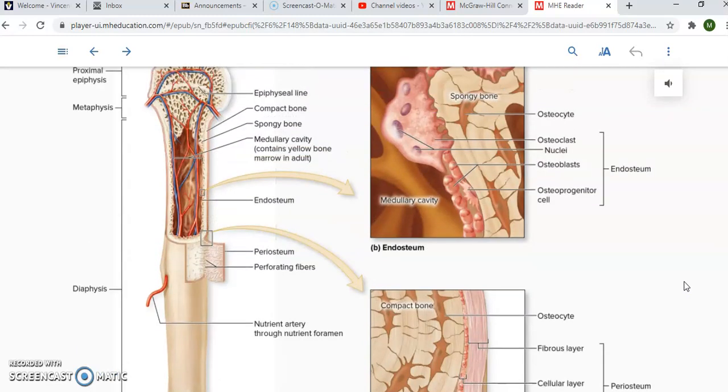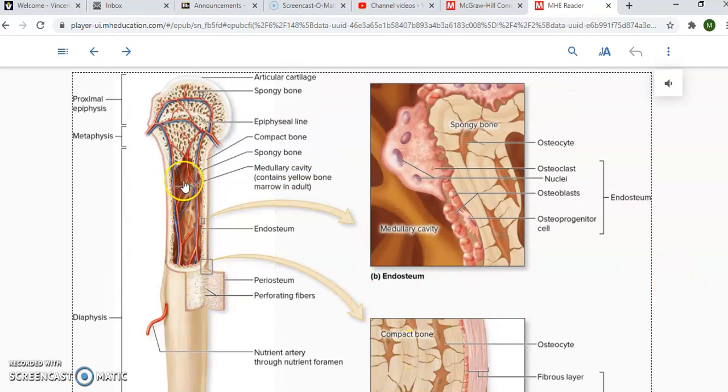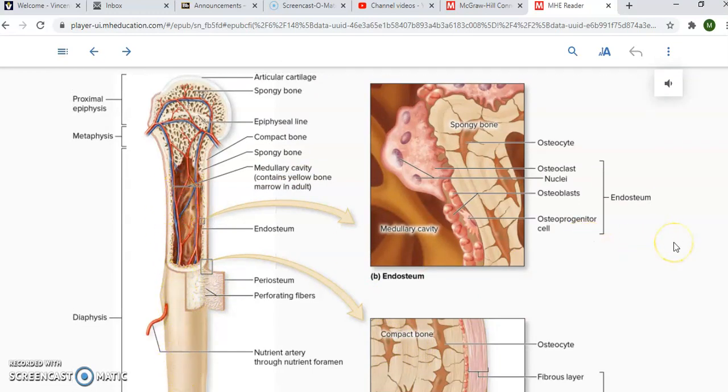And then if you look at the middle of the diaphysis, there will be a canal. So there's an open space that runs down the center of the diaphysis, and that's what they call the medullary cavity. It's not empty.